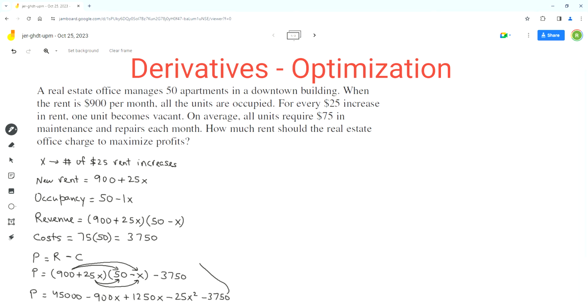Now we can simplify this equation by combining like terms.